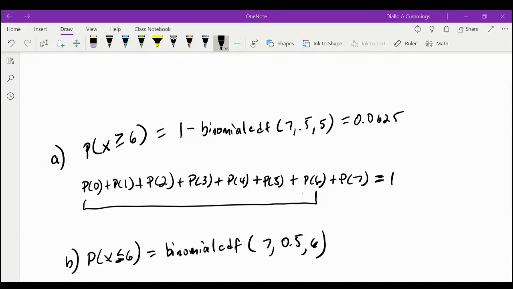All right, so again, I'm going to go into distribution and find the binomial CDF. 7 is the number of trials, 0.5 is the probability of success, and 6 is the number of successes. And we have 0.992.